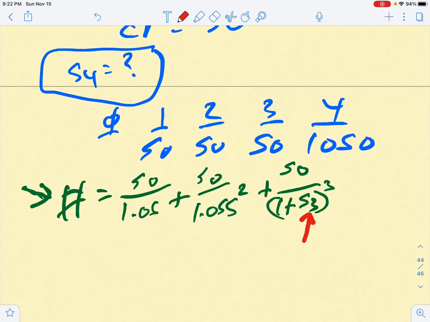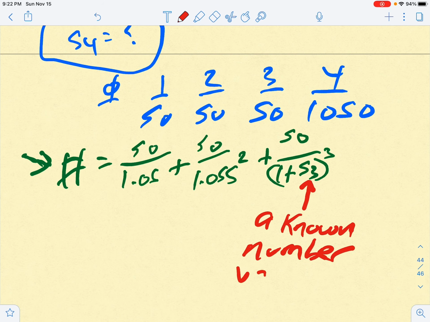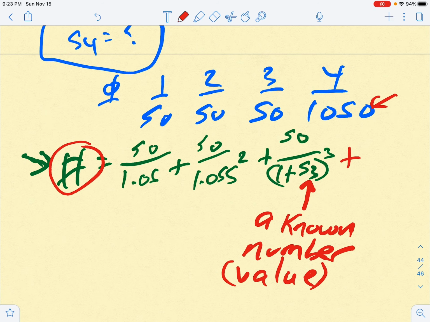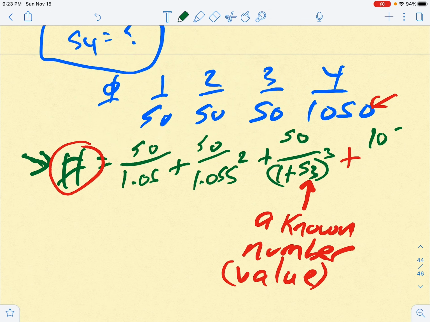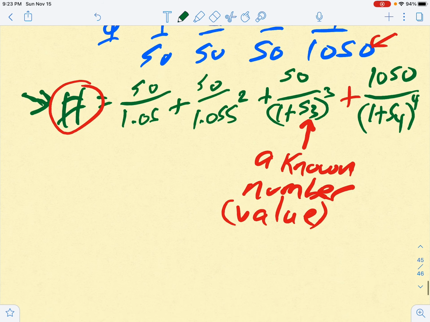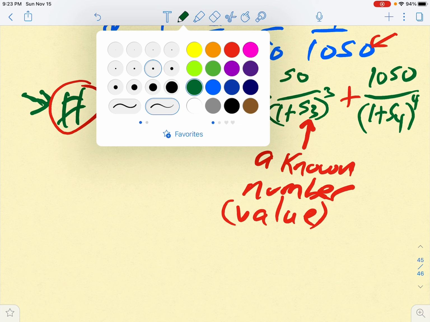S3 is a known value. In other words, it's not a variable. So this price equals these terms plus, of course, this last cash flow: 1,050 divided by 1 plus the 4-period spot rate to the 4th power. Again, obvious, trivial.